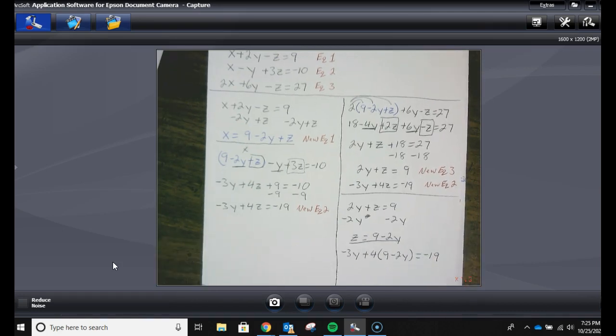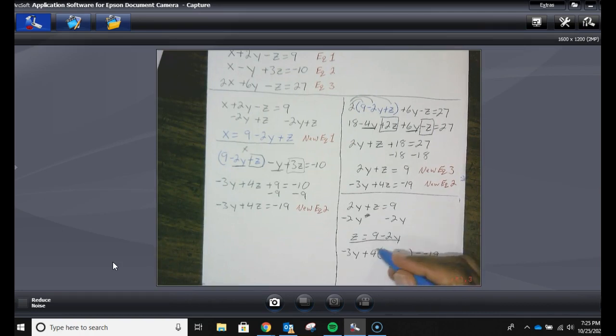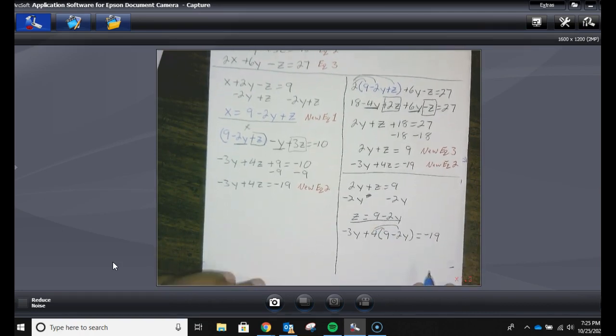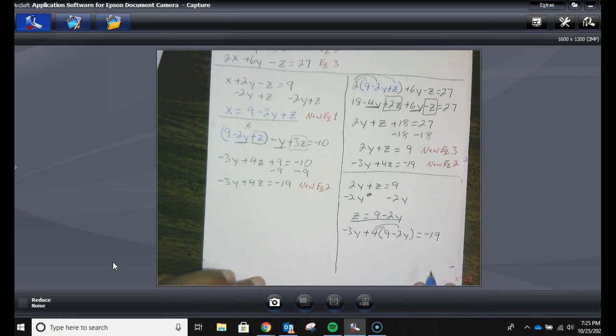All right. So I solve this. Distribute. And I end up with negative 3y plus 36 minus 8y equals negative 19.